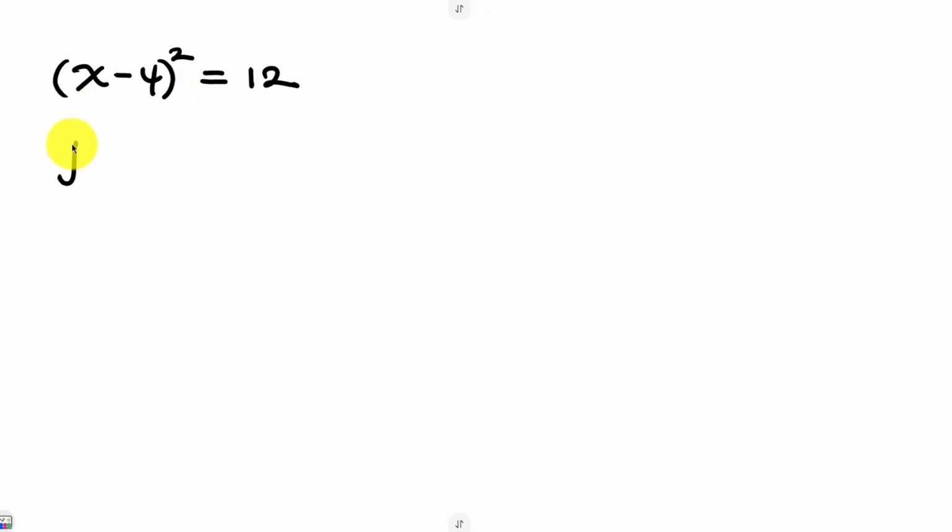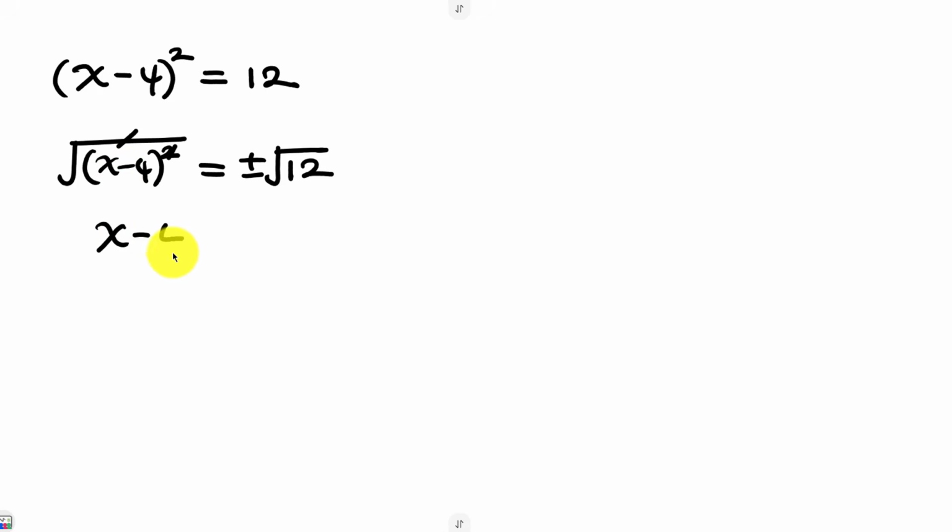So I'll take the square root of (x minus 4) all raised to power 2. This is equal to plus or minus the square root of 12. Now this square root cancels out the square, leaving behind x minus 4 to be equal to plus or minus the square root of 12, which is the same as 4 times 3.